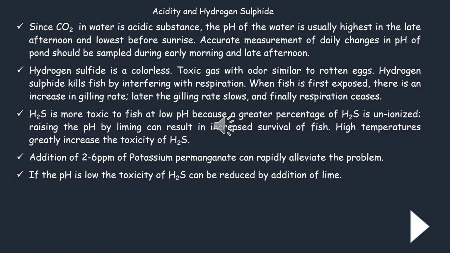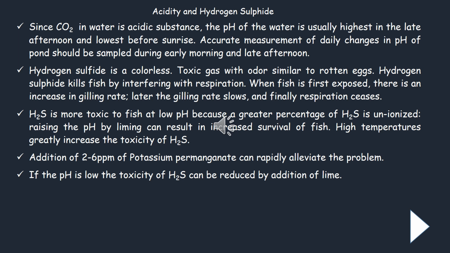This compound, carbon dioxide, is very useful in the water body. It improves or enhances the ability of the water to resist fluctuation of pH. That means it acts as the buffering capacity of the water body.